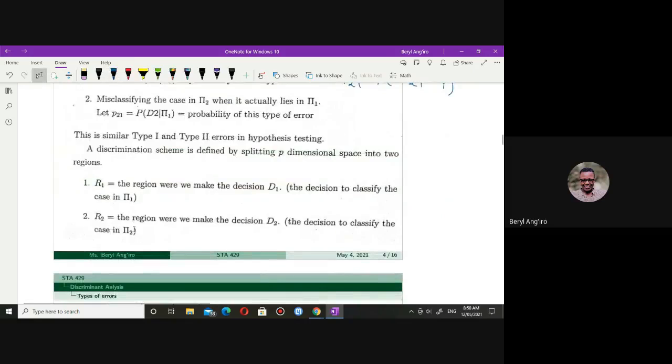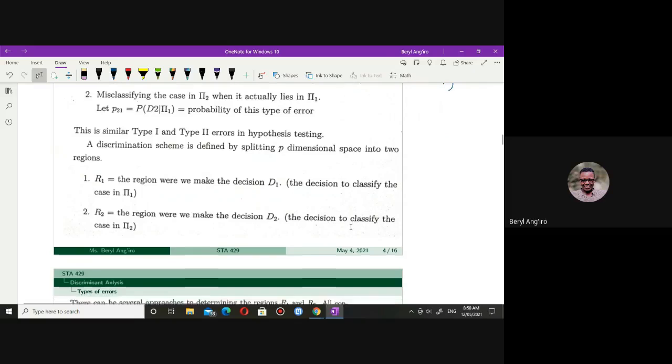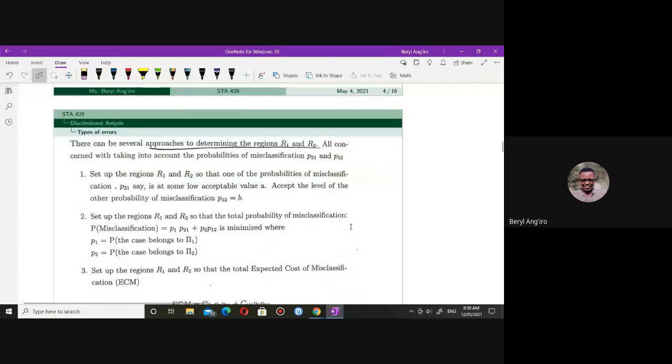Then the region R2 is where we make decision D2, that is, classifying the case in population 2. So there can be several approaches to determine the regions R1 and R2, all concerned with taking into account the probabilities of misclassification. So you have to take into account the probability of misclassifying in population 2 given that it belongs to 1, and misclassifying in population 1 given it belongs to 2.